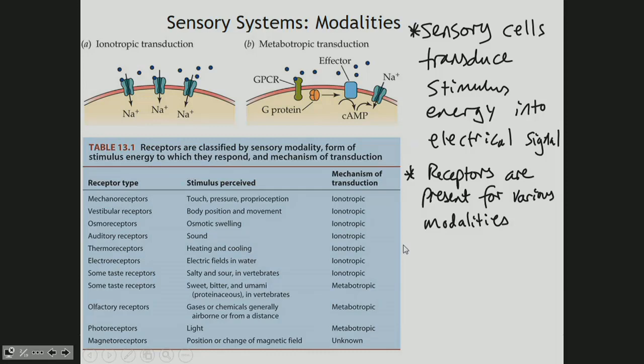And there are receptors that are present for various sensory modalities, and this table just kind of goes through that. And up here, you're seeing two types of transduction mechanisms that you see on different sensory cells. So you see ionotropic transduction and metabotropic transduction.